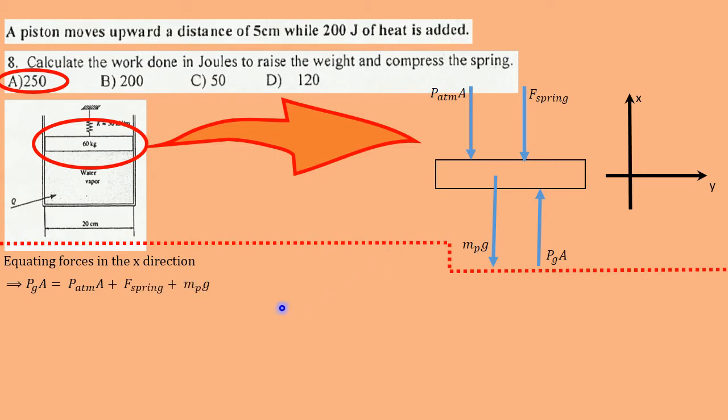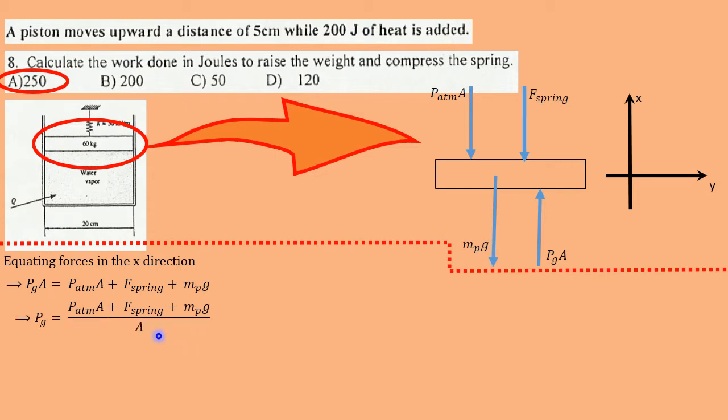We're going to have P_g A equals P_atm times A plus F_spring plus m_p g. So downward forces must equal upward forces for the piston to be in equilibrium. So that's what we have here.